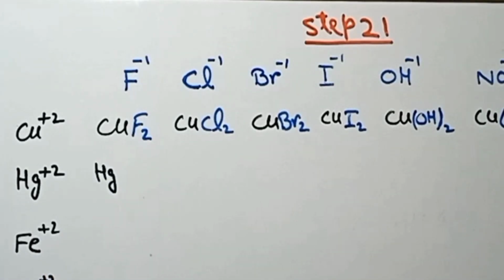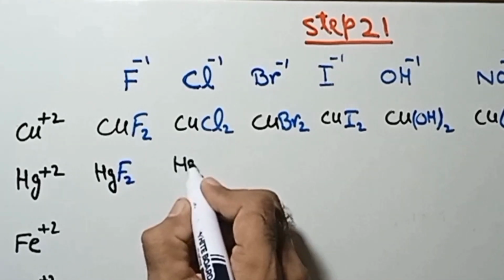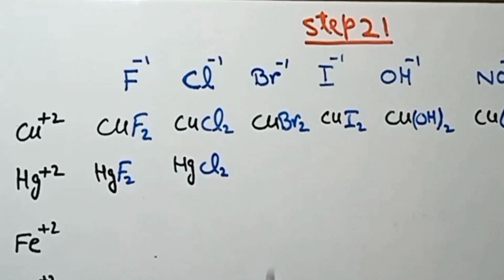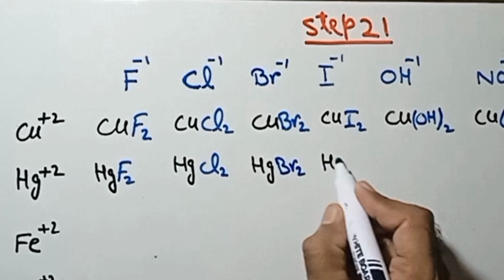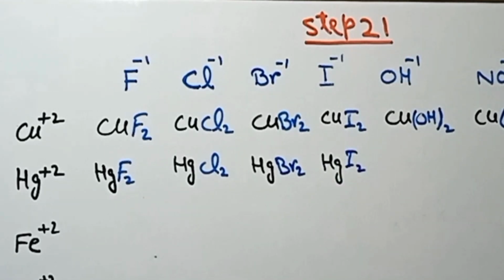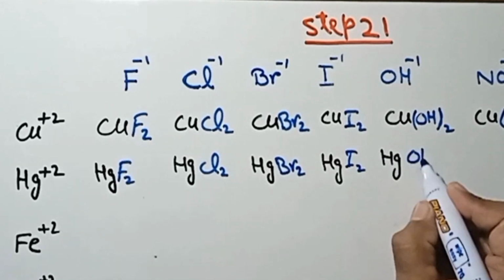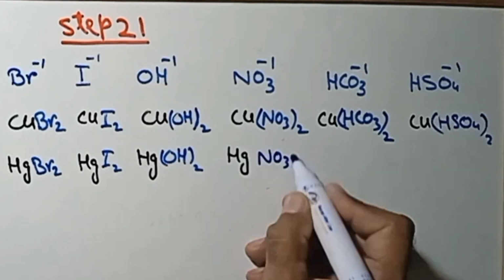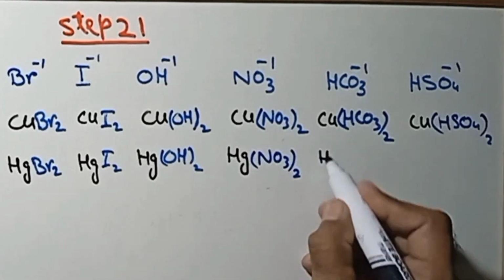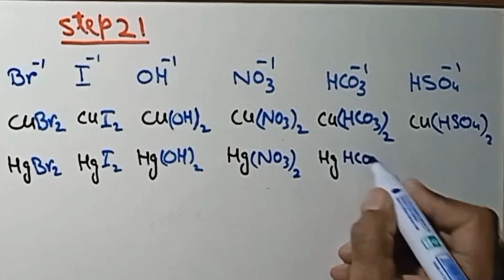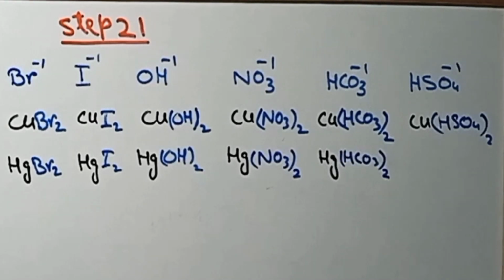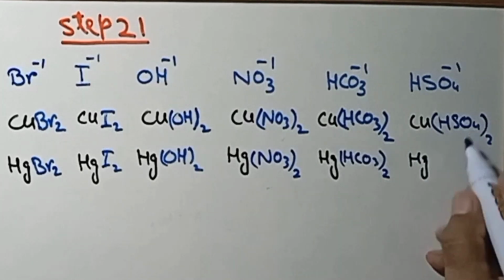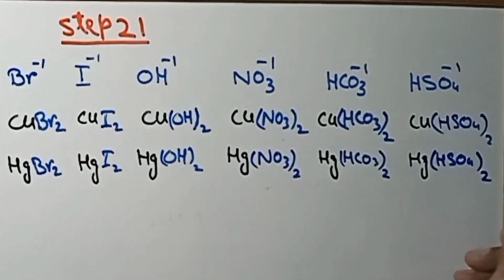Okay, now mercuric, HgF2, mercury fluoride or mercuric fluoride, HgCl2, mercuric chloride, HgBr2, mercuric bromide, HgI2, mercuric iodide, Hg(OH)2, mercuric hydroxide, Hg(NO3)2, mercuric nitrate, Hg(HCO3)2, mercuric bicarbonate, Hg(HSO4)2, mercuric bisulfate.